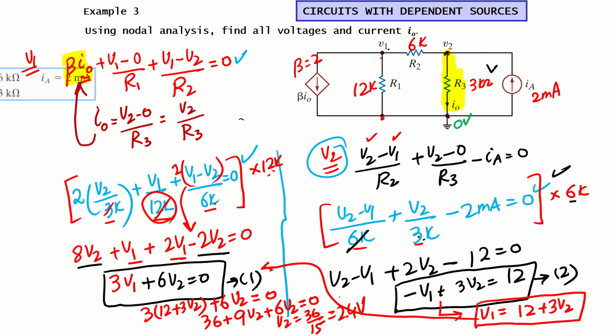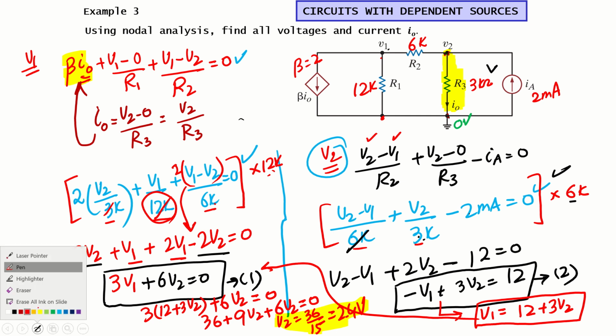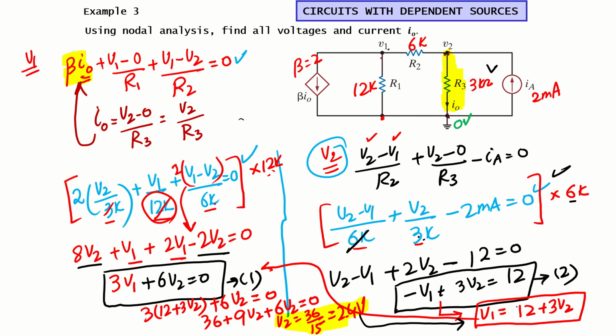So we have the value of V2 that comes out to be 2.4 volt. We can put this value that we have obtained in the second equation, and that will give me the value of V1. So V2 is basically 2.4 volt.